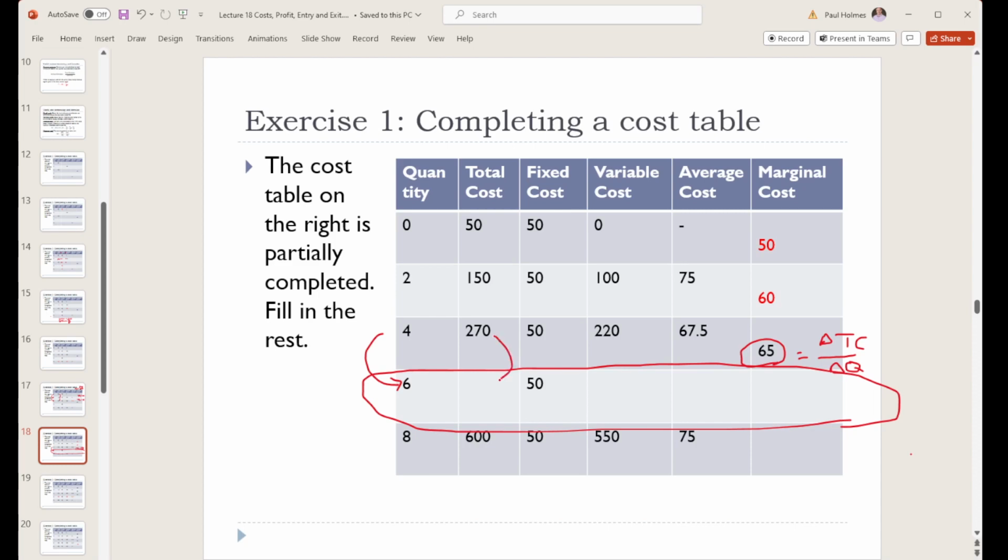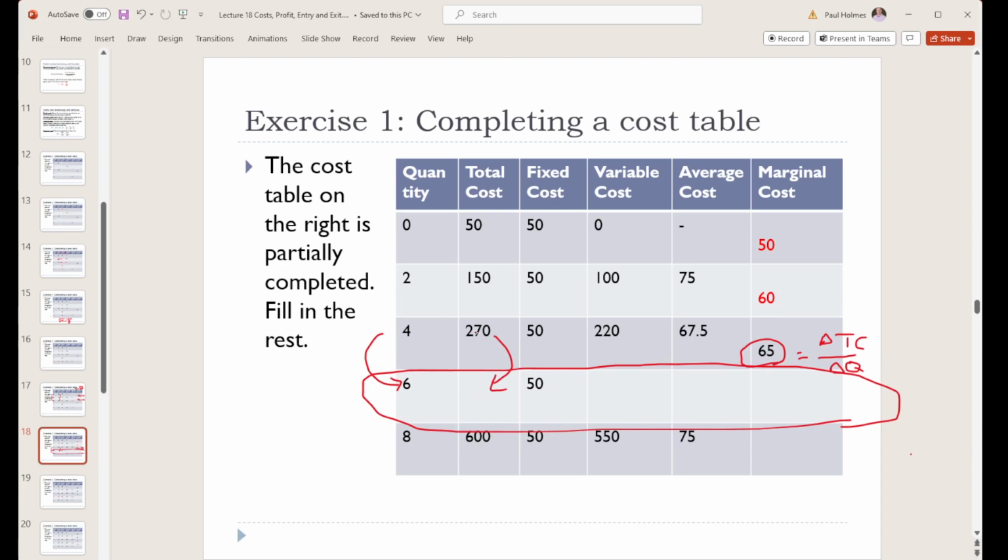What we don't know is the change in total cost. But we do know that the change in total cost equals the change in quantity times 65. Well, our change in quantity is 2 times 65 must give us 130 as the change in total cost.